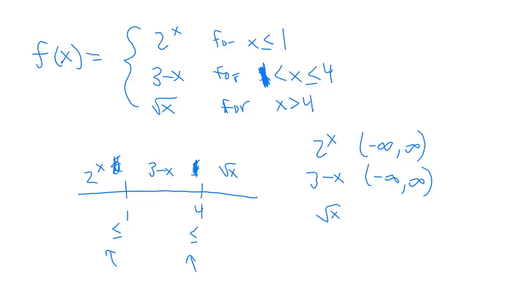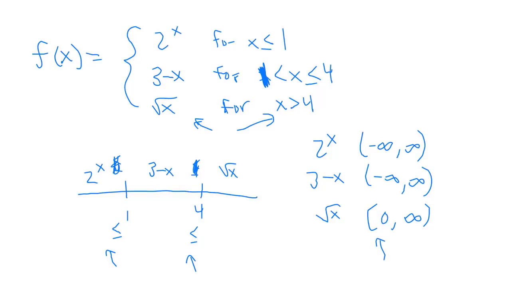But square root of x is only continuous for x greater than 0. If x is any negative number, then it won't exist, or it'll be imaginary. And fortunately for us, f of x is only defined for x greater than 4, so we don't have to worry about this discontinuity, because x is greater than 4, which is of course greater than 0.